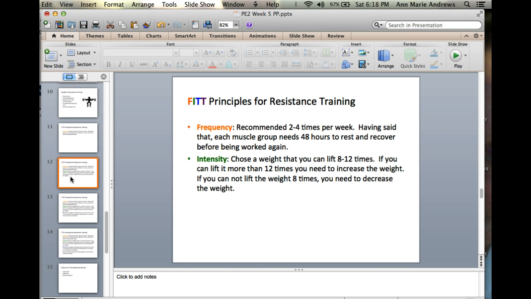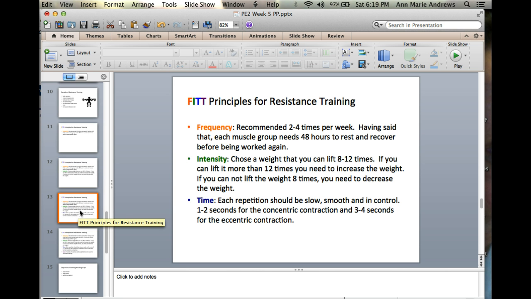But if you're starting out a program, or most people doing a weight training program, 8 to 12 repetitions per set, per exercise is recommended. And the way to tell if you need to go up in weight is if you're going to 12, 13, you can increase the weight. If you can't get to 8, you need to decrease the weight.